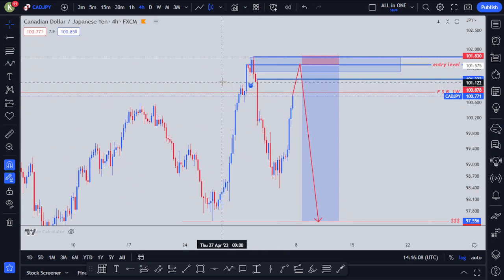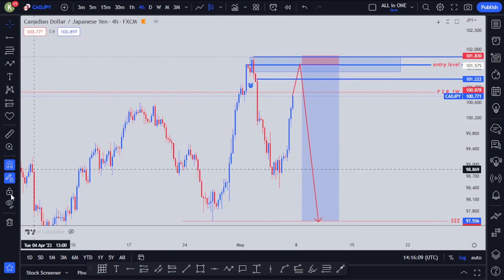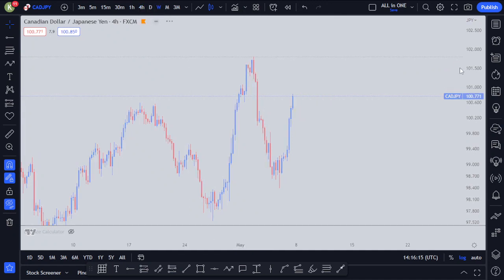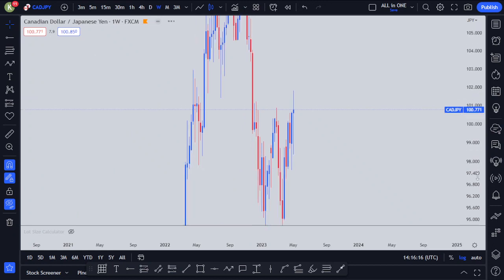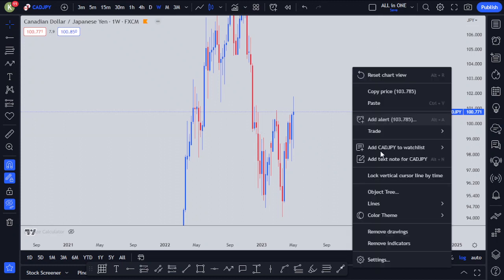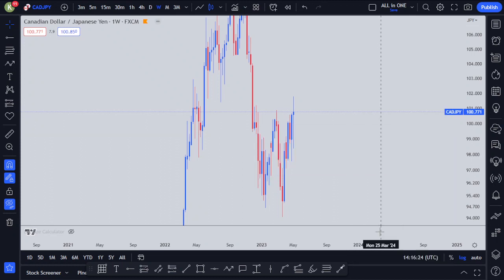All right. So as I said, I'm very much bearish over here. We're looking for bearish opportunities. Let me remove all the things so that I can analyze everything for you.